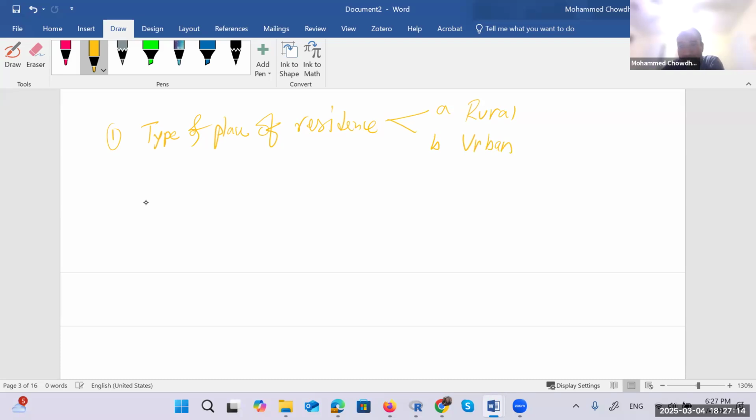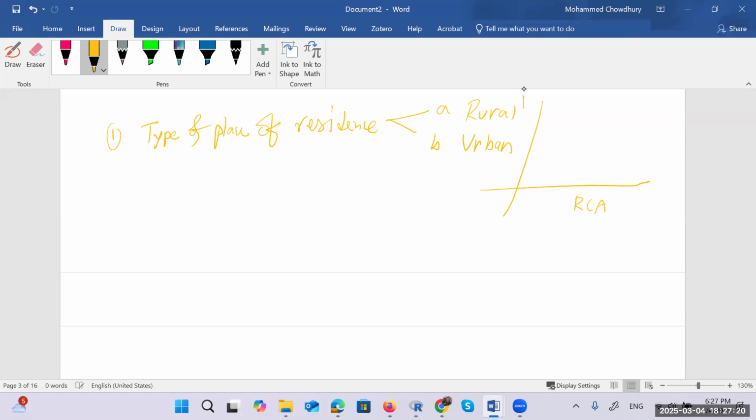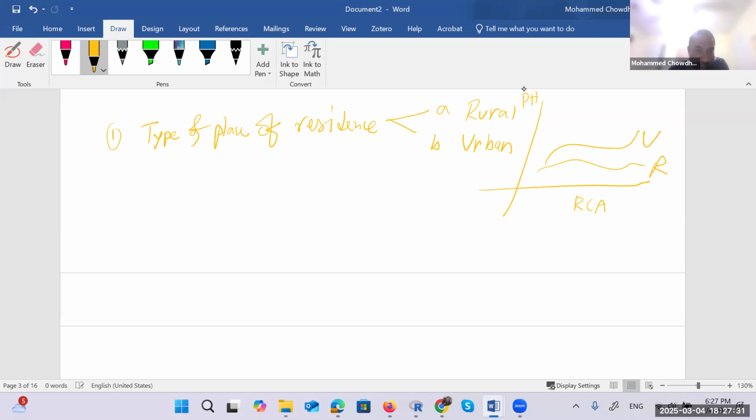Here is the respondent current age, and here is the proportion of hypertension. One curve is for the urban and one is for the rural. This is one graph.